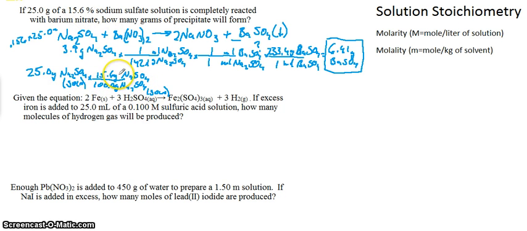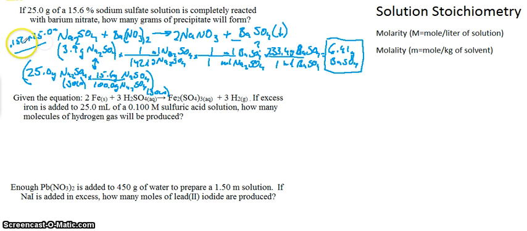If you multiply this out, notice that's the same thing I really did here. 15.6 over 100 is 0.156 times 25. That gives you 3.9. So this and this are basically synonymous.